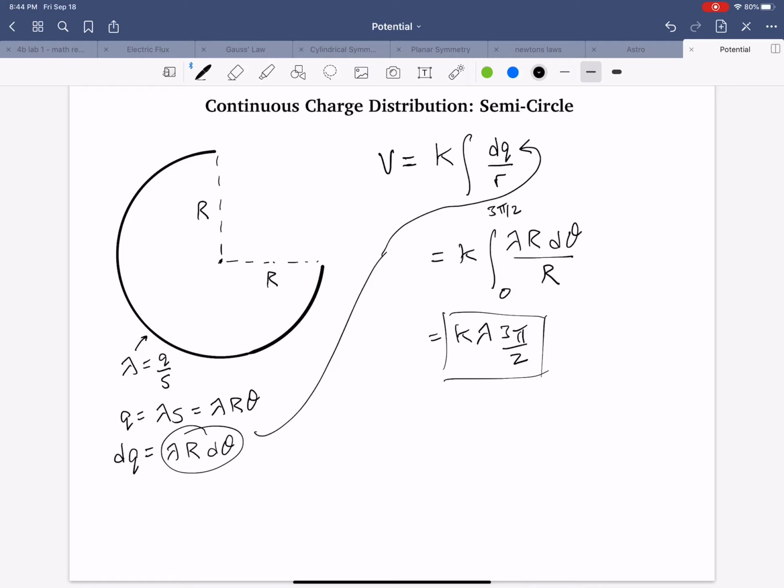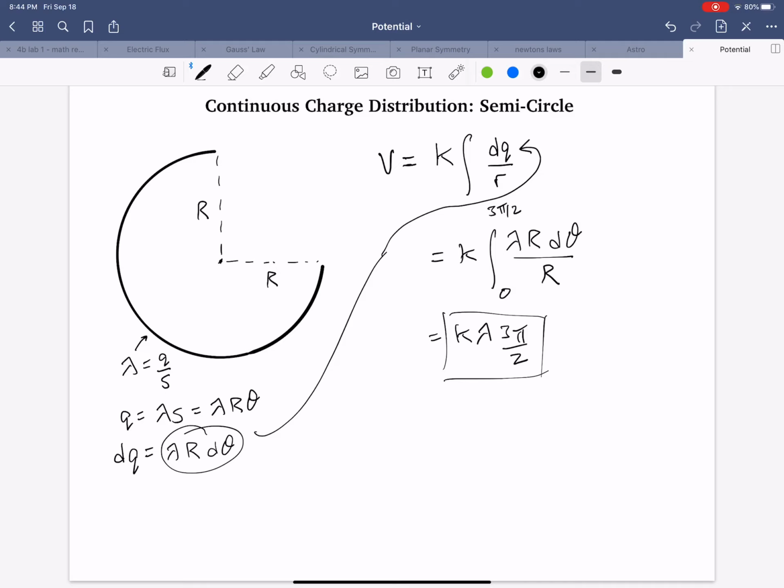That's it. 3 pi over 2 is an angle in radians, so that value won't necessarily affect the value of the voltage, but that's basically it. There's one really big step, and that's trying to put the dq into terms of something that we can integrate over.